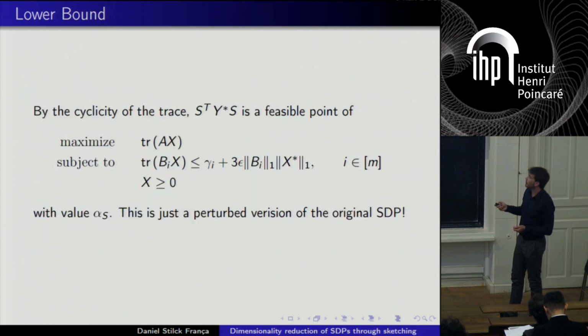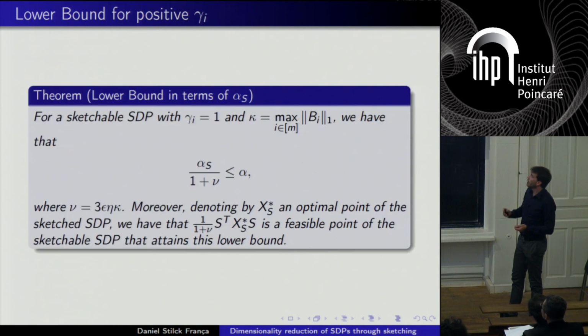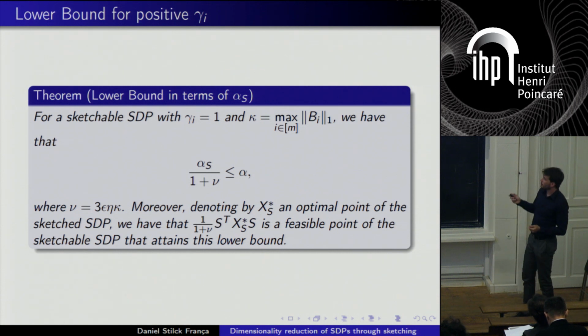So going back, here instead of gamma I we just have 1. And you are given some kappa, which is just the maximum of your trace norms over here. And in this case, we can also show this lower bound to the value of your SDP, and we can also give you a feasible point which attains this lower bound.